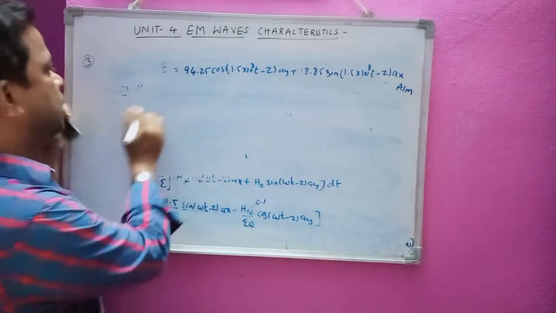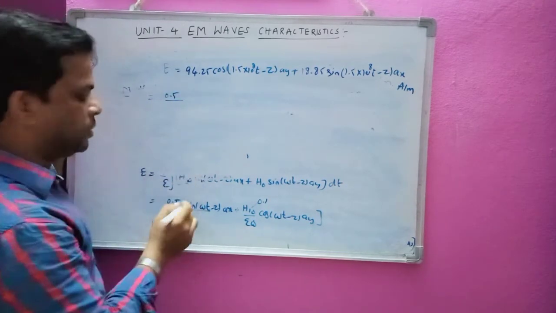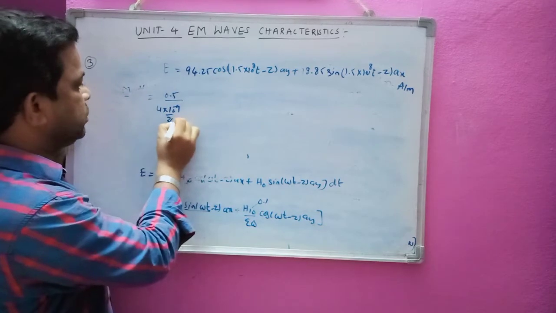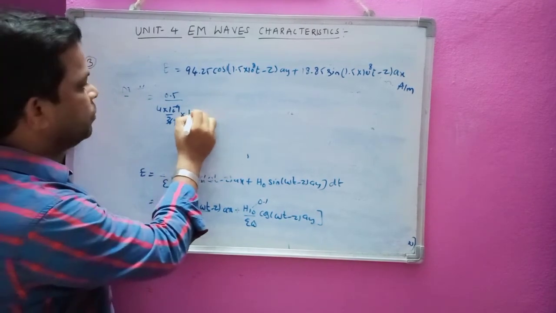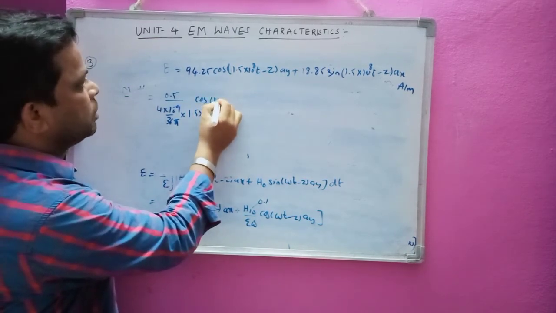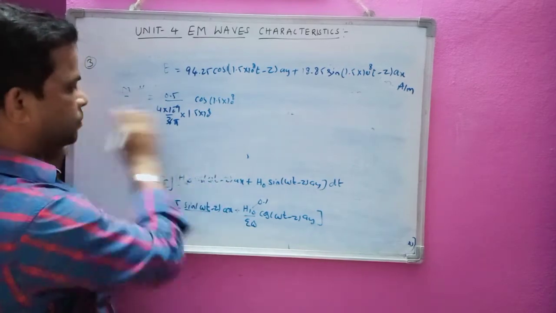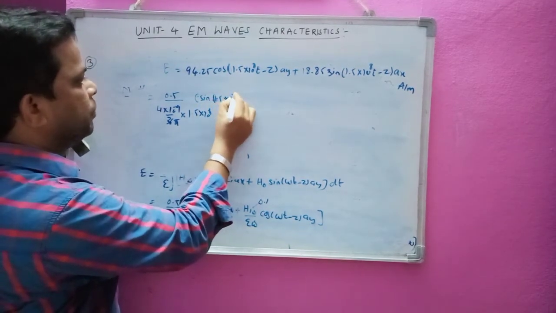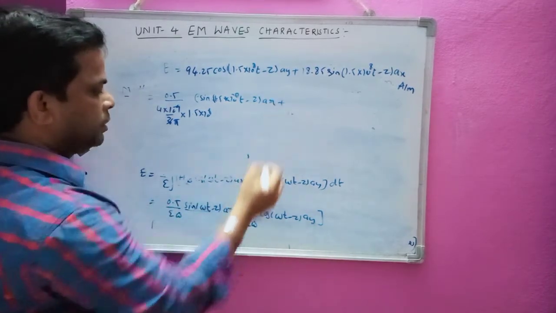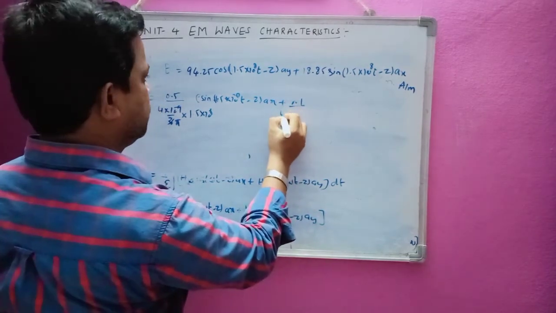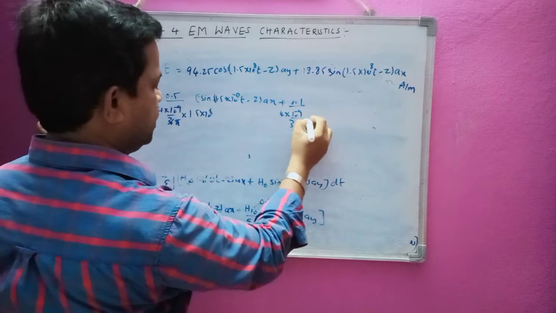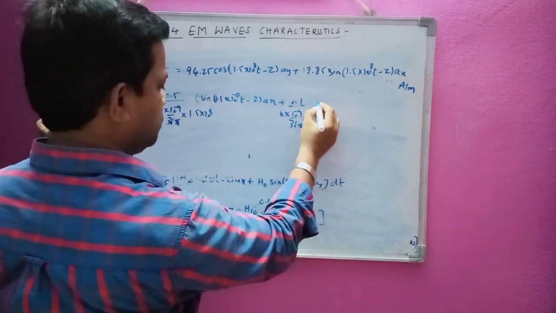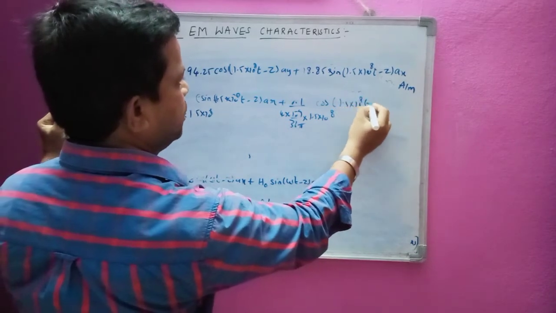After substituting these values, 0.5 into epsilon is epsilon naught epsilon r, that is 4 into 10 power of minus 9 by 36 pi, into omega is 1.5 into 10 power of 8, sine of 1.5 into 10 power of 8 t minus z ax, plus 0.1 by epsilon, that is 4 into 10 power of minus 9 by 36 pi into omega, 1.5 into 10 power of 8, into cos of 1.5 into 10 power of 8 t minus z ay.